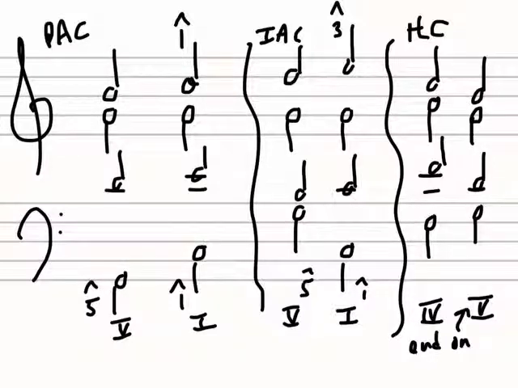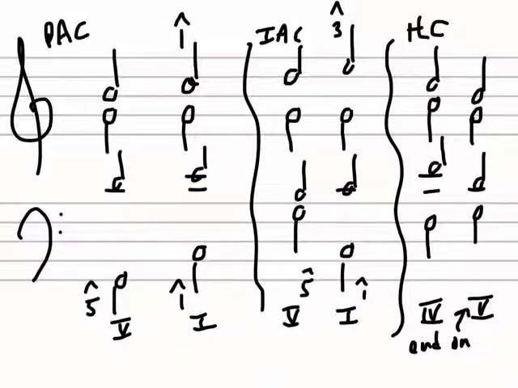Every other authentic cadence is called an imperfect authentic cadence, which we abbreviate IAC. One example I have here is where scale degree 3 is on top at the end. So even though I have 5-1 in the bass, ending with 3 on top is a little less conclusive than ending with 1 on top.